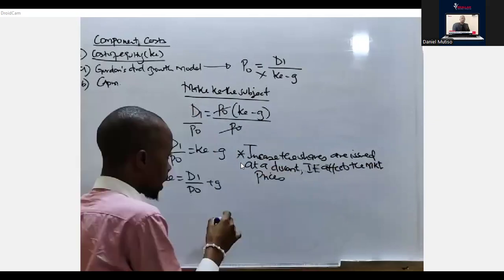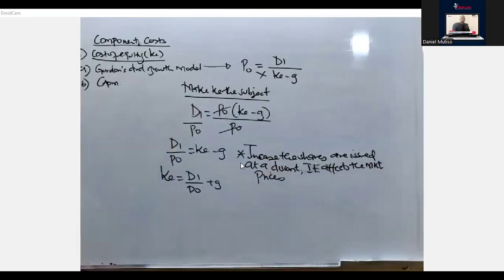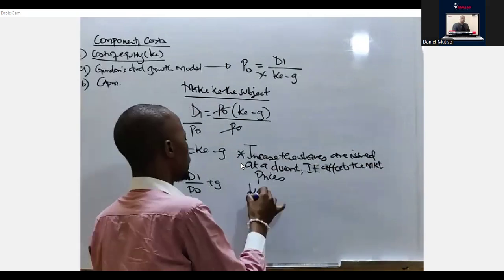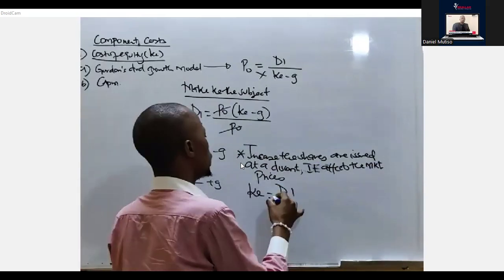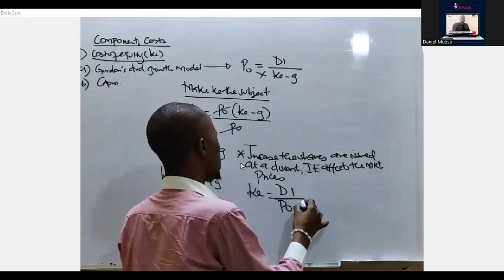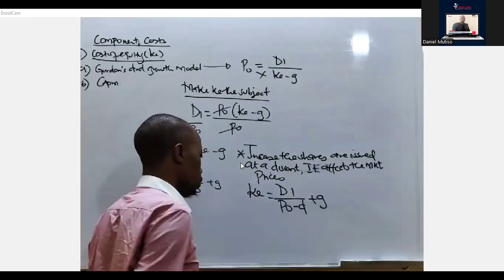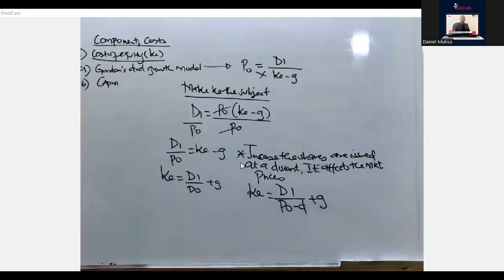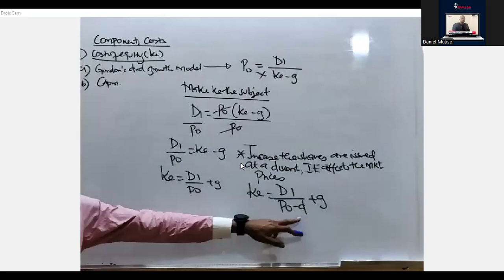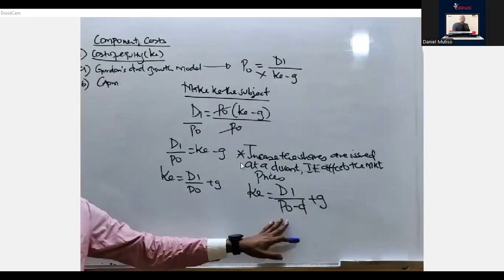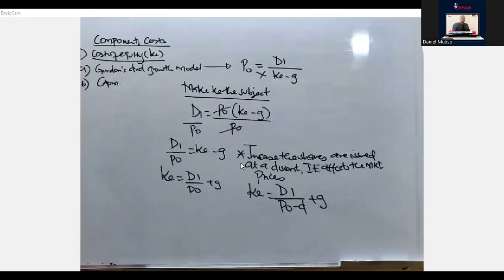So in our questions, we can see our shares are basically issued at a discount. We say the KE, our formula now changes to D1 divided by PO minus discount plus the growth rate. The discount now reduces the market prices, right?